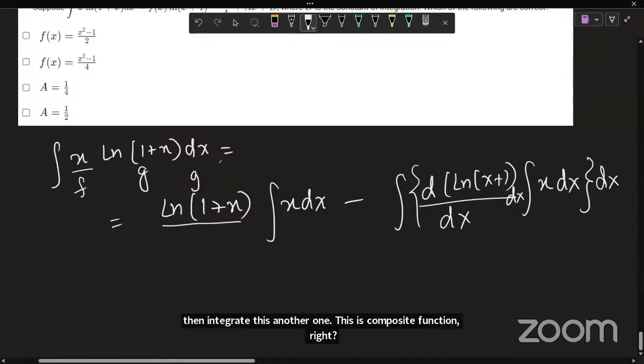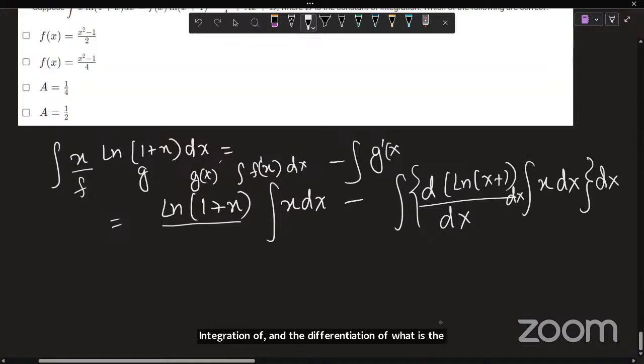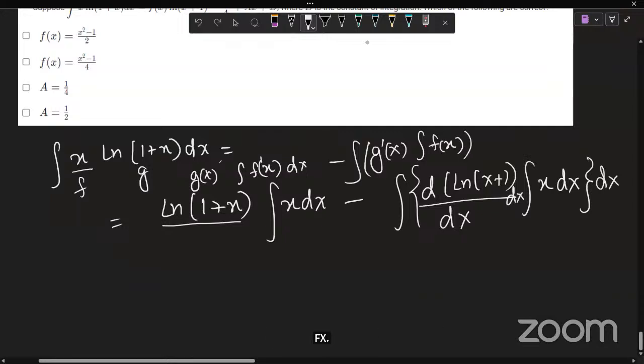I write it as g(x) times the integration of f(x) dx, minus the integration of the differentiation of g(x), that is g dash x, into the integration of f(x). So let me write the whole integration. This will be the formula of integration by parts.